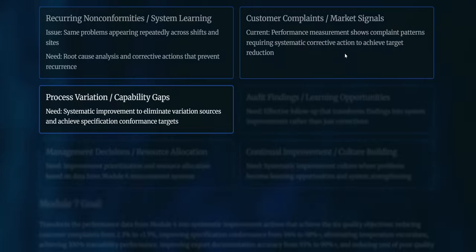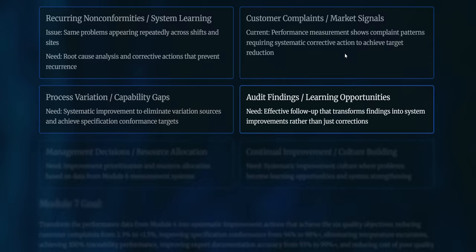The third challenge is process variation, which means there are capability gaps, and what we need to close that gap is systematic improvement to eliminate variation sources and achieve specification conformance targets. The fourth challenge is audit findings, which we should be using as learning opportunities.